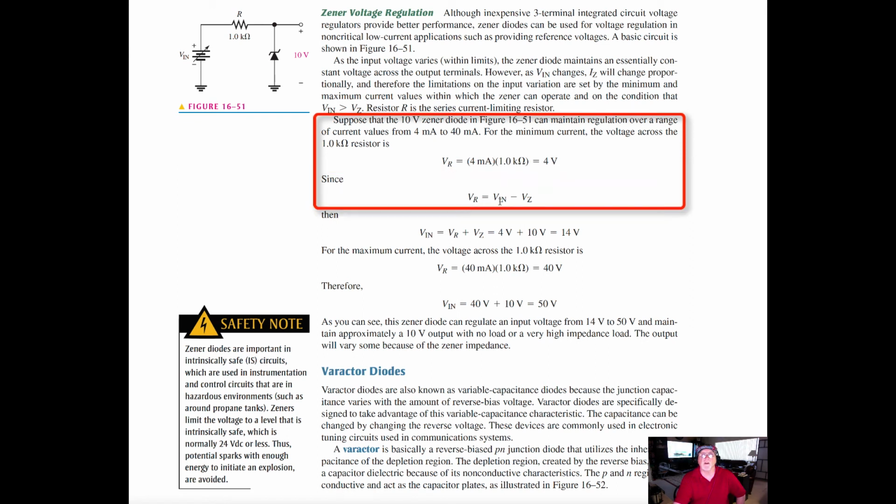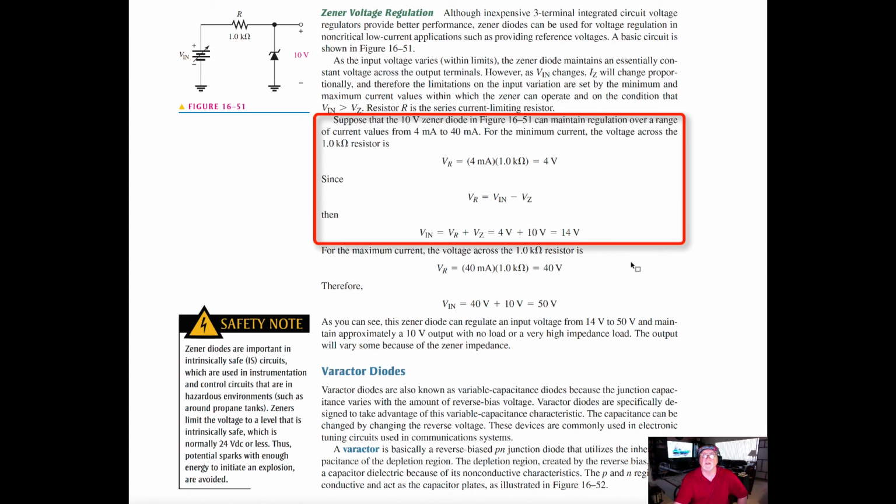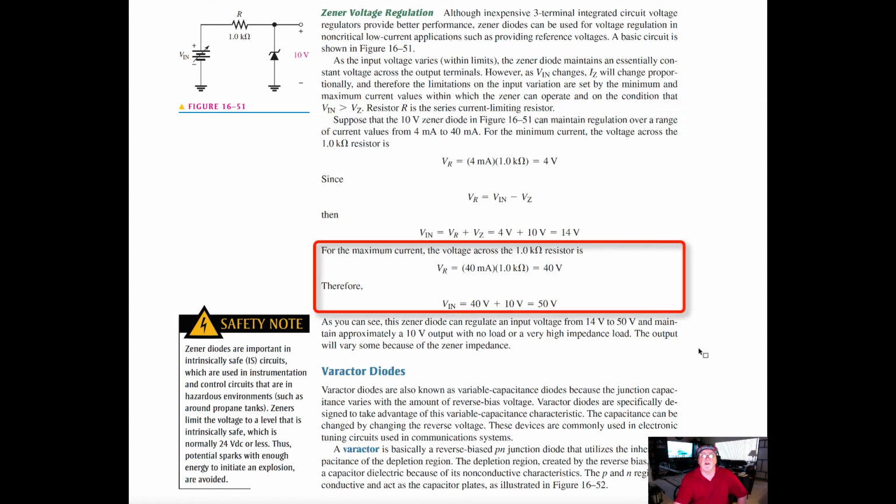Since V_R is equal to V_IN minus V_Z, V_IN is 4 volts plus 10 volts, which gives us 14 volts. For the maximum current, the voltage across the 1K ohm resistor is 40 milliamps times 1K ohm, or V_R equal to 40 volts. Therefore V_IN is 40 volts plus 10 volts, which gives us 50 volts.